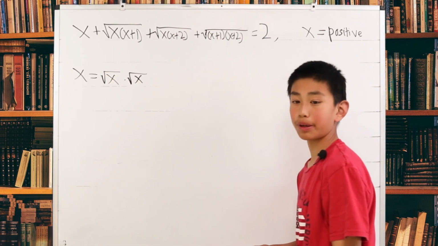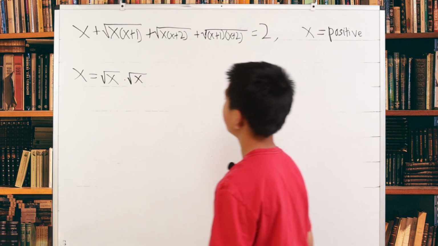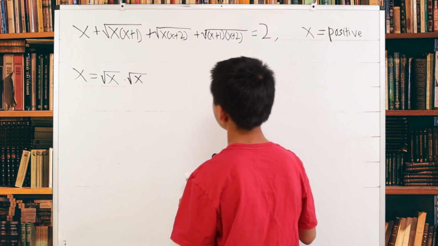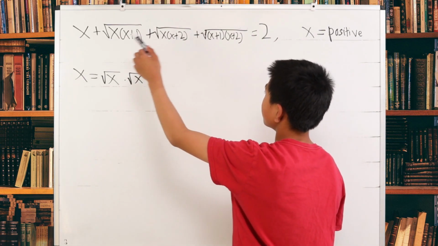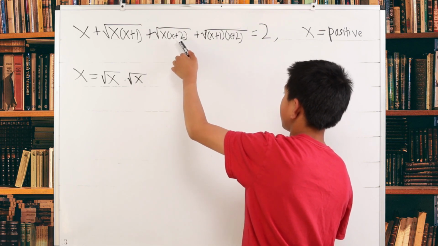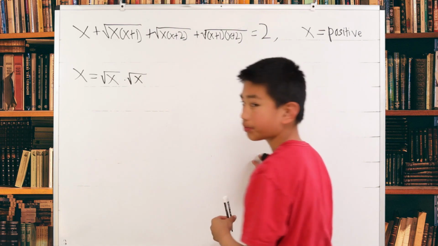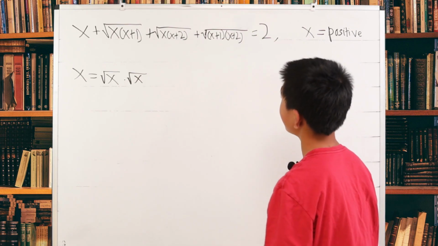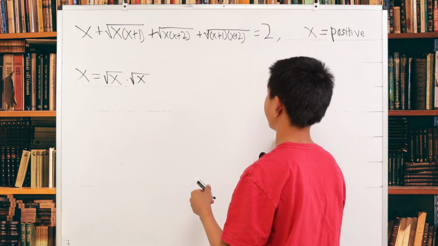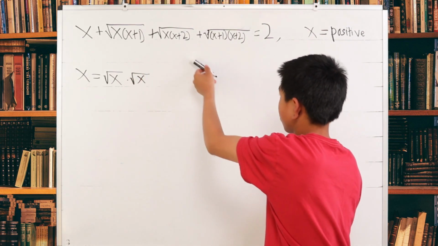We also see a bit of similarity. So this is now the square root of x times the square root of x. Well, these two now, x and the square root of x times x plus 2, they both have a factor of the square root of x, and the other two terms both have a factor of the square root of x plus 1.